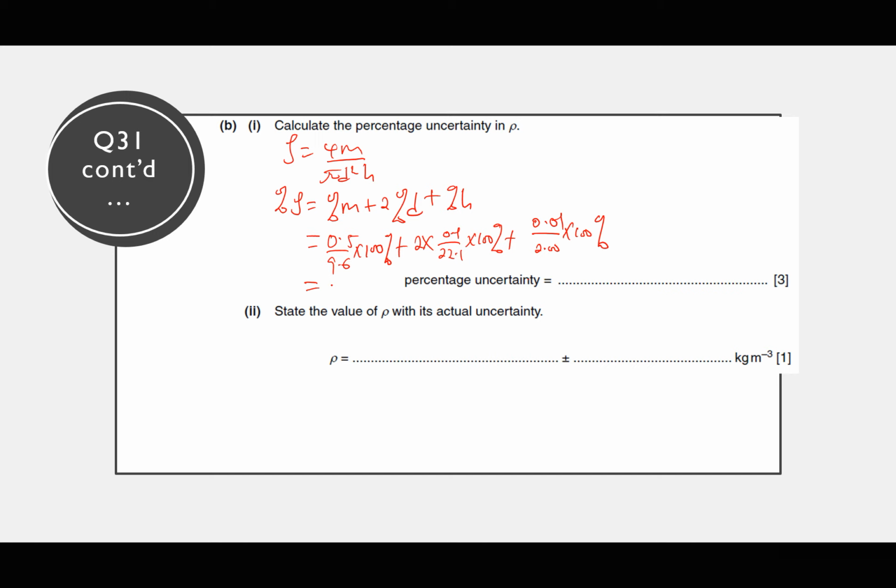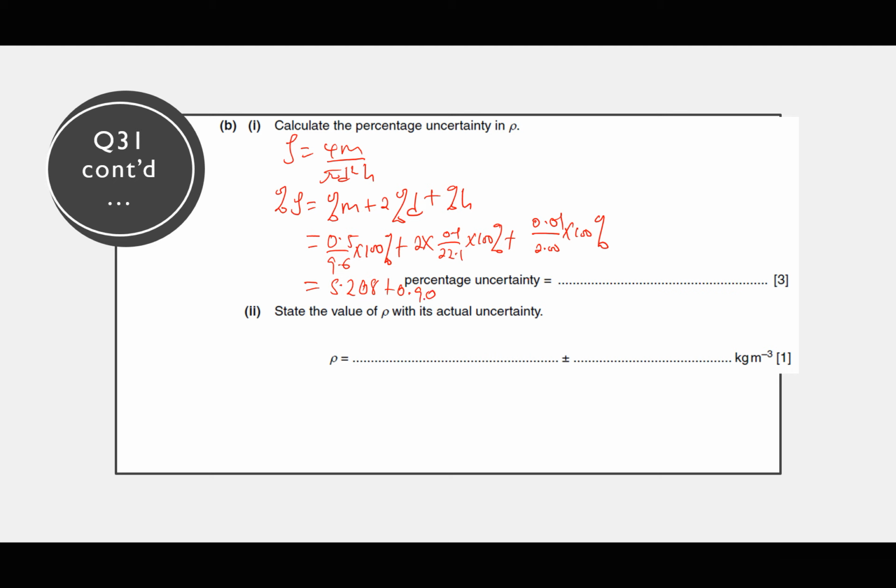0.5 divided by 9.6, so this is 5.208. Plus the other one is 2 times 0.1 times 100 divided by 22.1, so this is 0.90.